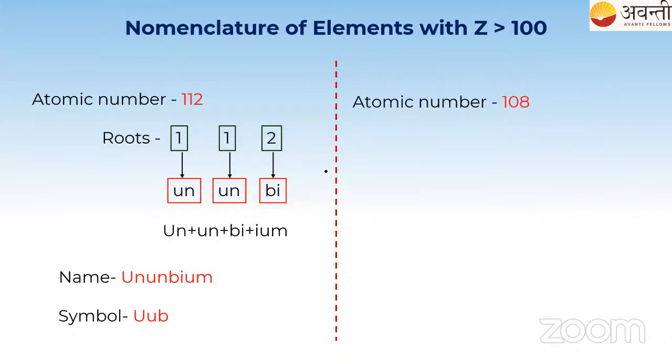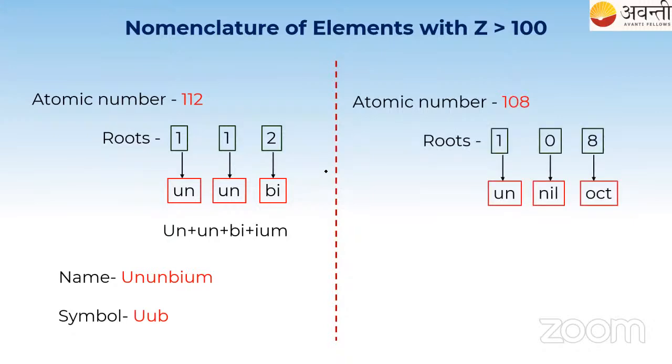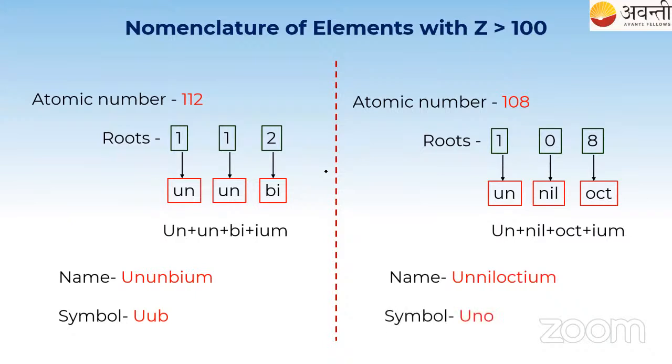Next, for 108: un nil oct. 8 means oct, so we call it unniloctium, and the shortcut will become Uno.